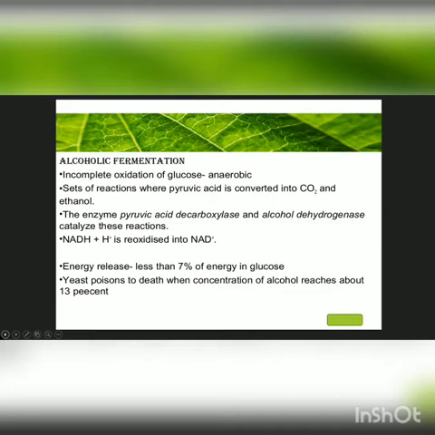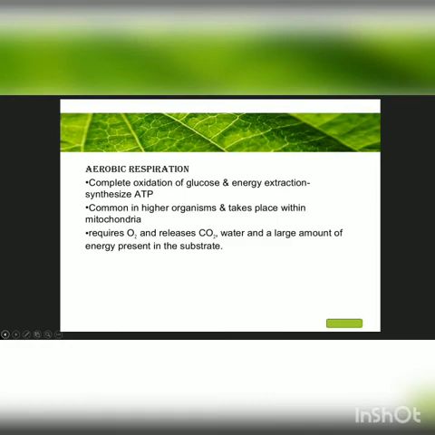So understood, children? Now we will come to that type of respiration, that is aerobic respiration. So these previous processes were the part of anaerobic respiration. So what happens here? Here the complete oxidation of glucose takes place and energy extraction too. And in this process also the ATP molecules are synthesized.